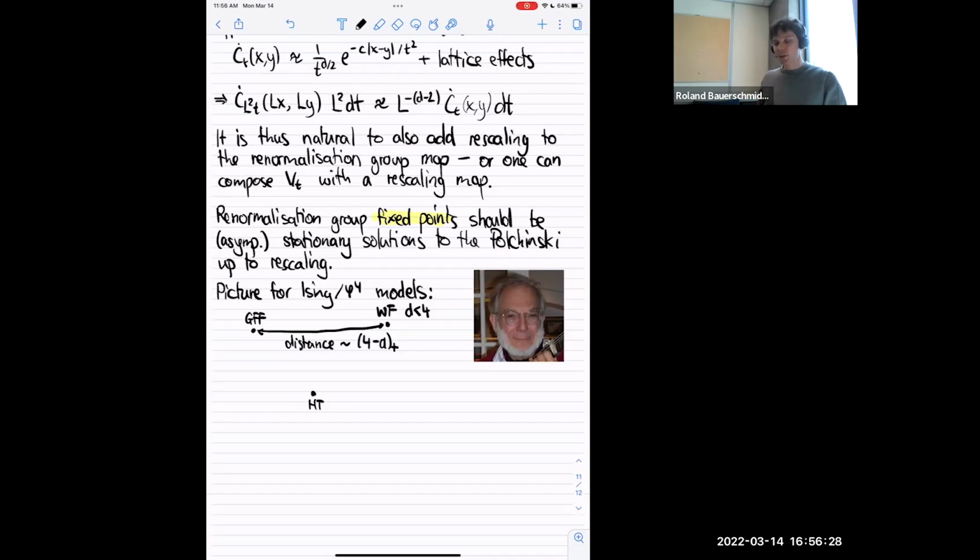But what you can do in perturbation theory, which is the topic I'm going to discuss beginning with the next lecture, you can write down these approximate versions of the so-called flow equations, how the effective potential changes as you change scale. And what you see is if you do this in dimension 4 minus epsilon in a suitable way, for example, by replacing the Laplacian by a fractional power, you can write down these equations, say for phi-4 type models.